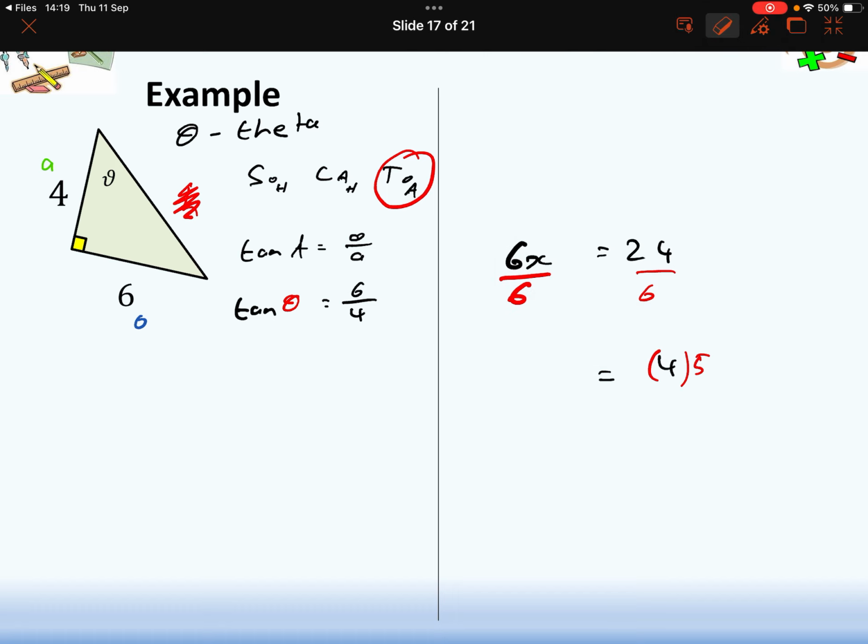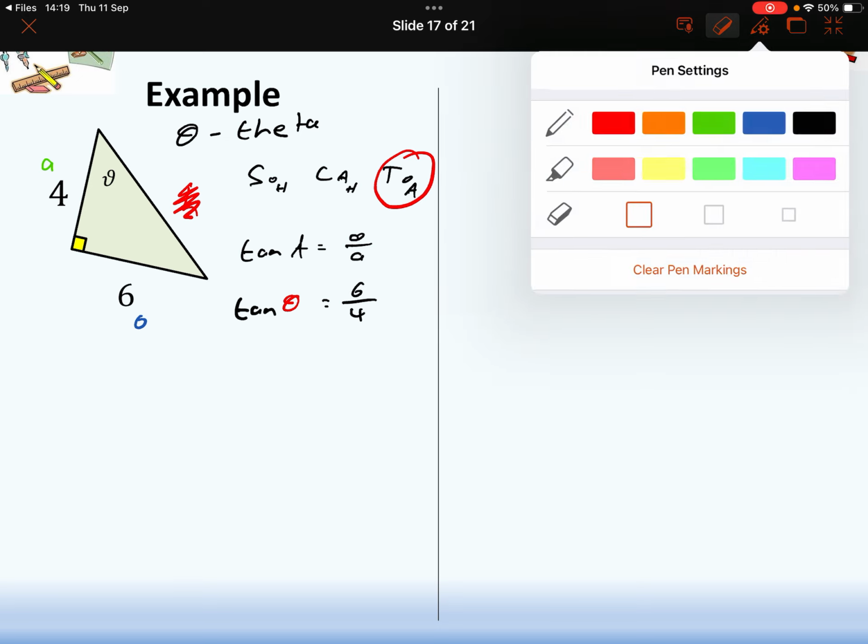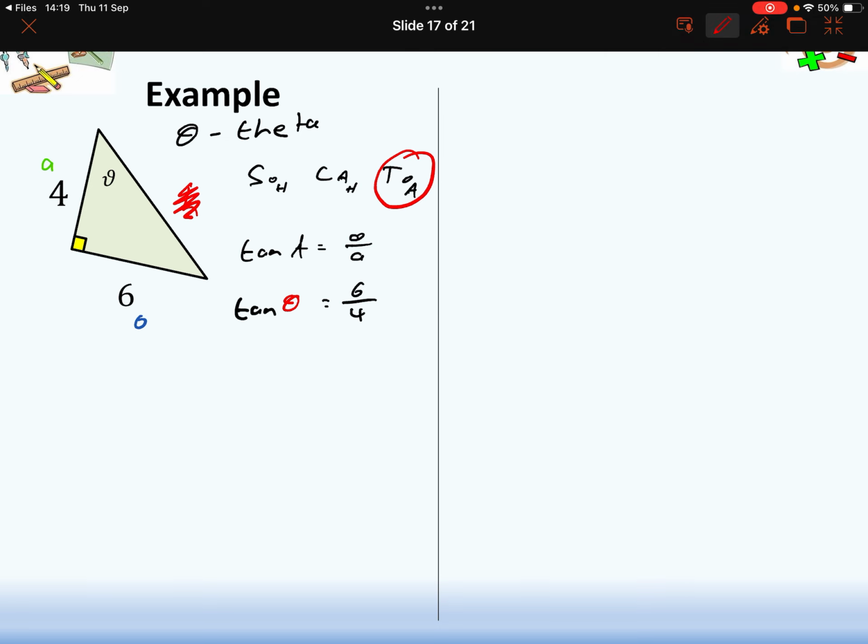The same concept applies. So we need to do the opposite of tan. Okay, or in other words, the inverse. So tan inverse is written like this. Tan with a little power of -1. And that means inverse of tan. We can do the same for cosine and sine as well.